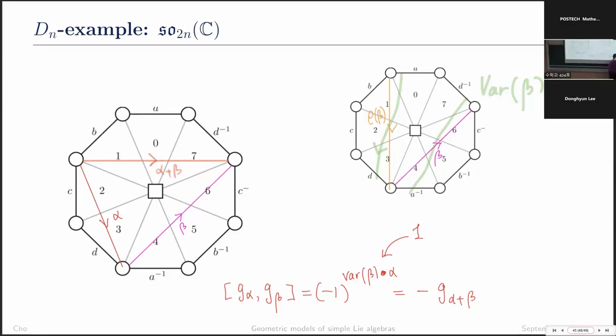For example, when you have Dn, somehow you can fold it.